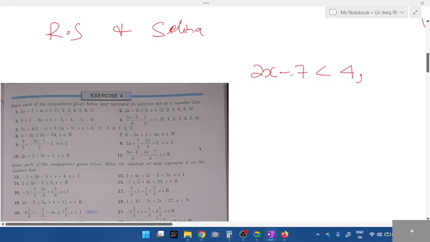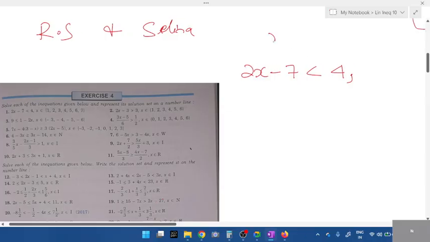First question, 2x minus 7 less than 4. X belongs to what? What is given in the question? X belongs to 1, 2, 3, 4, 5, 7. What's the main question given, students? Read here. Solve each of the inequations given below and represent its solution in which one? Represent in number line.